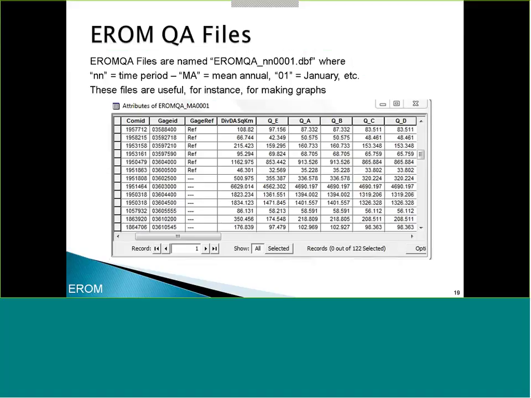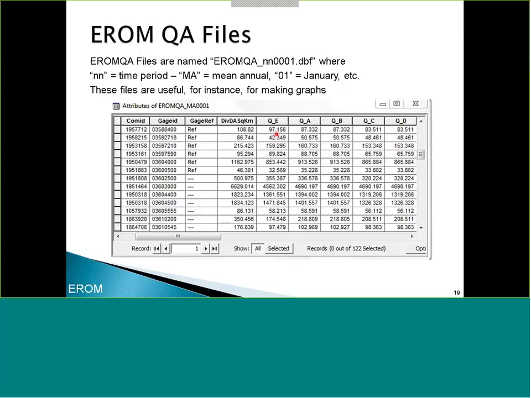Now, the other thing is we produce our QA files, which are essentially the input information used for doing the QA report. It provides every place where we had a gauge, whether it was a reference gauge or not, the drainage area, and then the flows, and Q_E is the gauge flow.